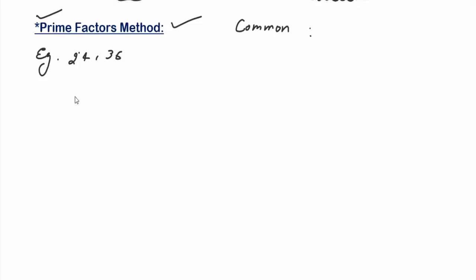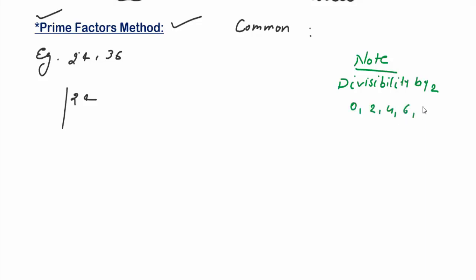So students, the prime factors of these two numbers, start with 24. Here the unit place is 4, an even number. As we know, divisibility by 2 means if the unit place contains 0, 2, 4, 6 or 8, then we can divide the number by 2.